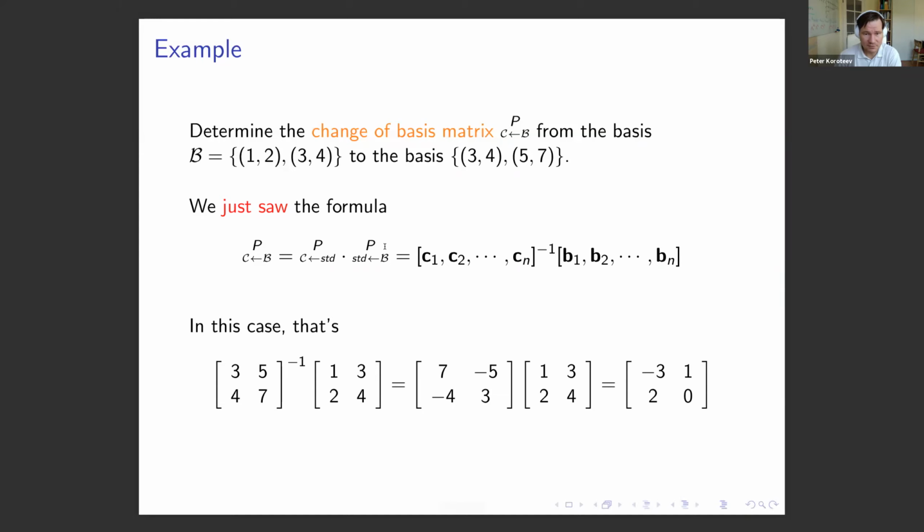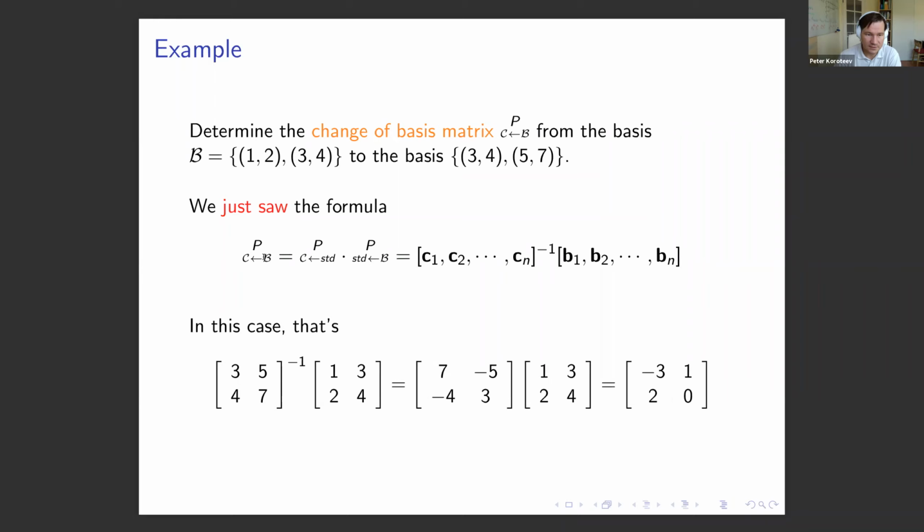And then we apply them in the following order. So it's the matrix of change of basis from standard to C times the matrix of change of basis from B to standard, and you get this thing. So you take the matrix whose columns are vectors in basis B, inverted, right?